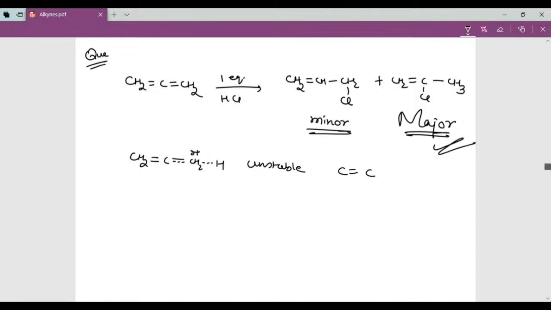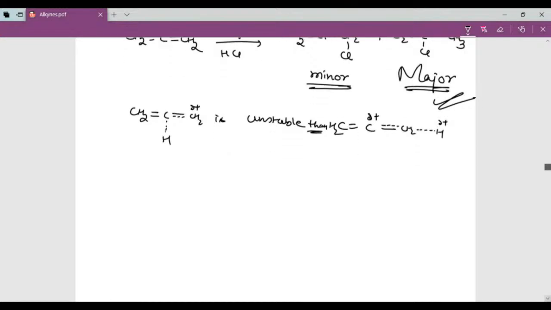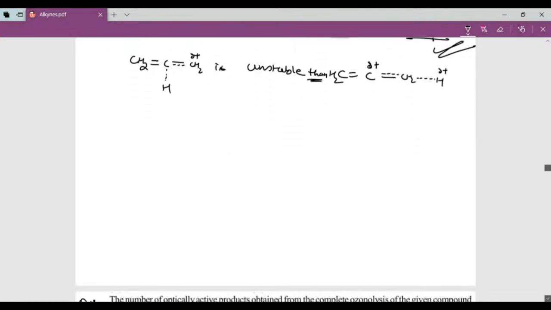Whereas when we have this del plus coming over here and H is attacked here, then this is unstable, then this. And so the answer is addition to the middle site. Okay.